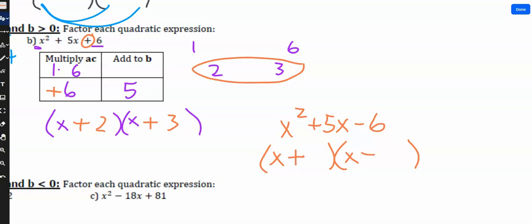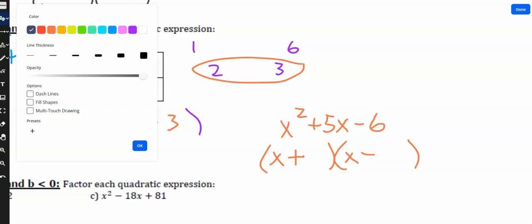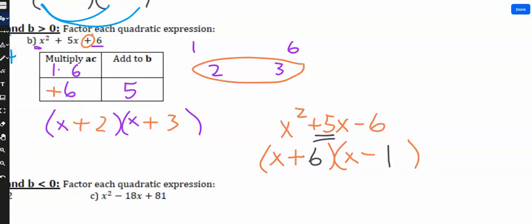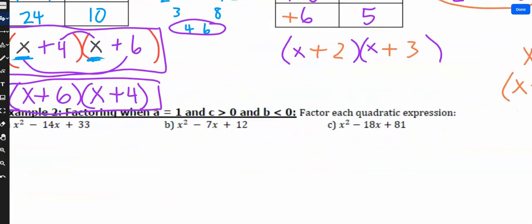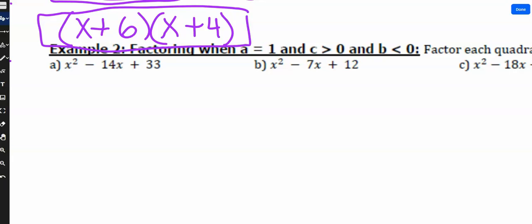In this particular case, I have to add up to positive 5, so it would be a positive 6 and a negative 1. You're not using 2 and 3 because that would not add up to positive 5. So, I do know what I'm talking about. I have seen kids make mistakes on that one. So, we will look for that. When it comes up, I'm sure it will.